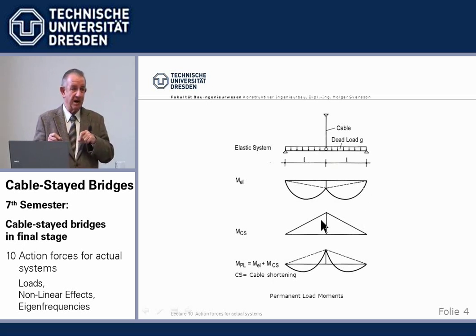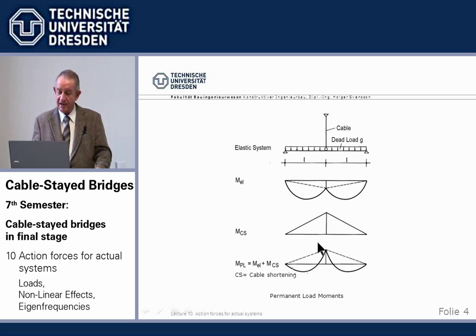We give the command to the computer to shorten the cables by a certain amount. And then we define the cable shortenings in such a way that we end up with a run of moments which is identical with those moments we would achieve if we had a rigid support here at the cable anchor point. Again, the rigid support.